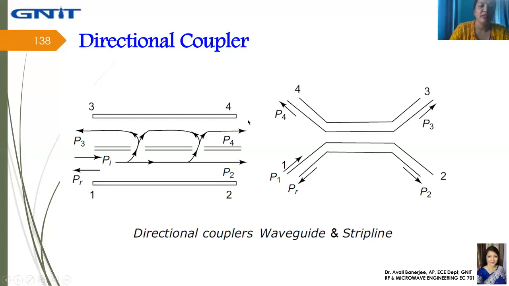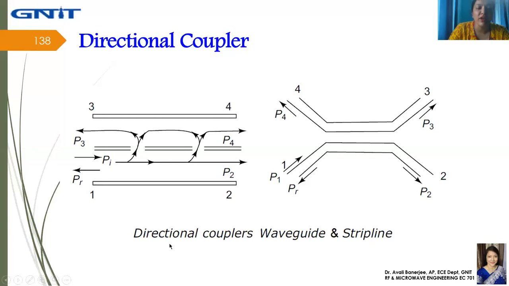Here, this is port 1, port 2, port 3, and port 4. This is for the strip line case. This is port 1, port 2, port 3 and port 4.